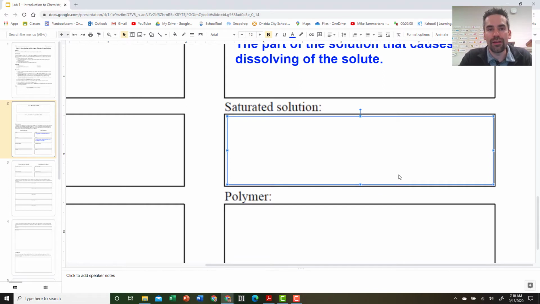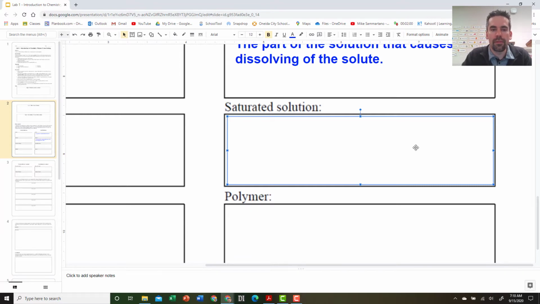And how can you recognize that no more solute can be dissolved into the solvent? Well, as you stir the solution and try to get more solute dissolved, if no more dissolves and there's still some sitting at the bottom, then obviously it is saturated. There's no more that can be put into that solution.